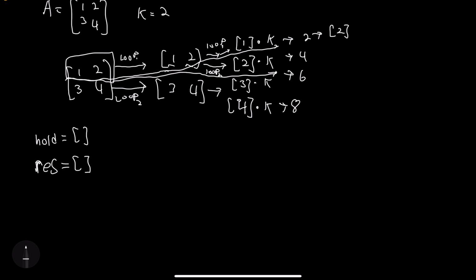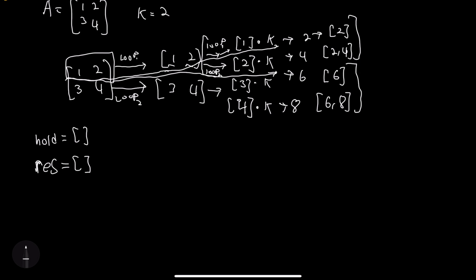And then after that, we would take the 4, so it's the next iteration of the loop, we would append that to the list, it would be 2, 4. And once we finish with this loop, we would make hold the empty list again. So once it's the empty list again, we would do the same exact thing for the 6 and the 8, so we'd take 6, and then we'd take 6, 8, and that would be the end of the second loop.